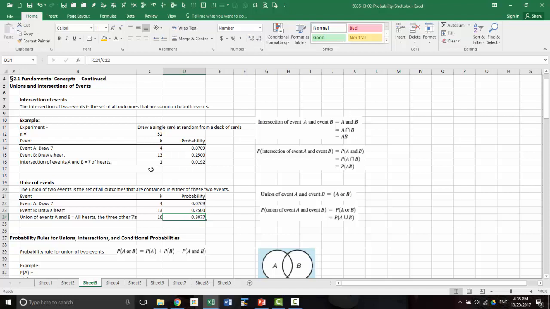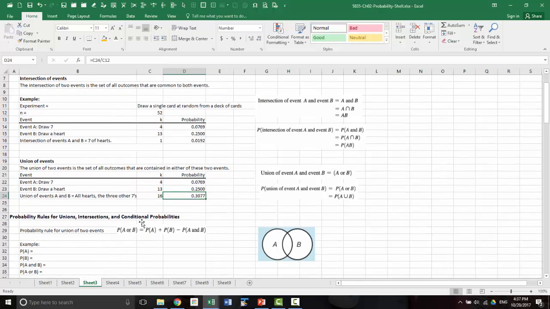That will give me the probability of the union of A and B, or A union B. Now we can develop some probability rules for the intersection, union, and conditional probability. We haven't talked about conditional probabilities yet. We'll come to that in just a second. Here are some notations we need to be familiar with. The intersection of events A and B can also be written as A and B, or A with an upside-down U, or simply AB.